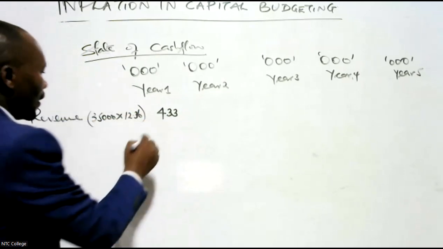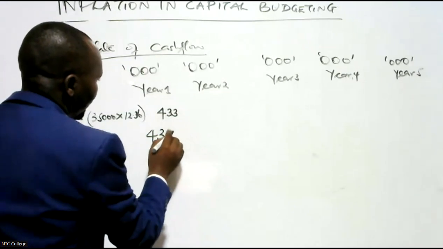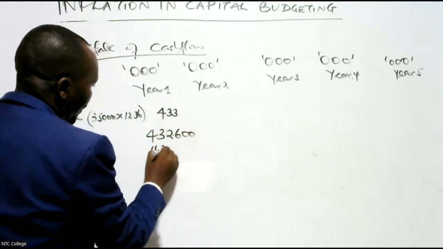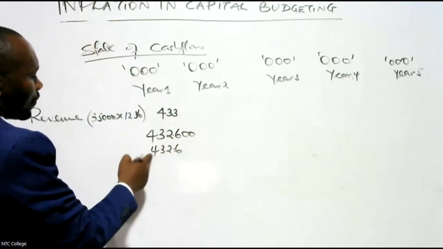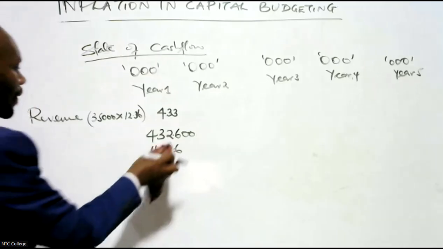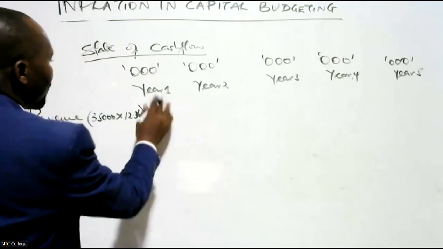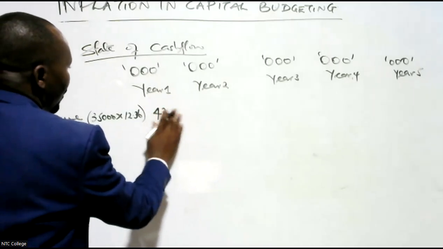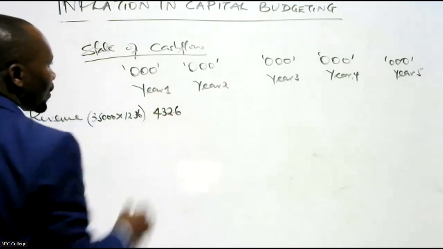So in thousands, it should be 432.6. Now you can round it off to 433, or you can even leave it with the decimal, so that we have 432.6. Now year two.